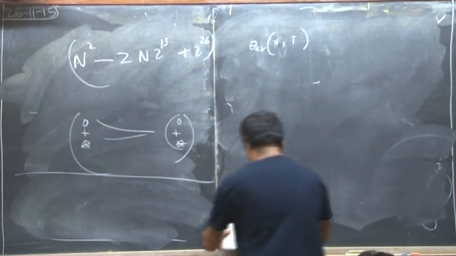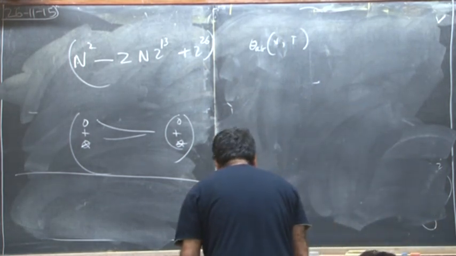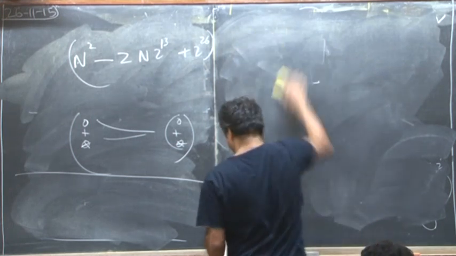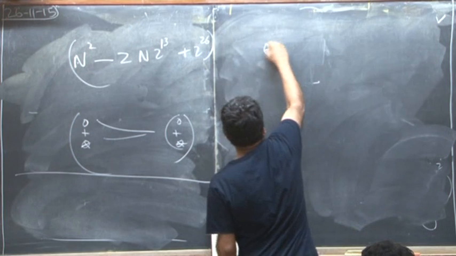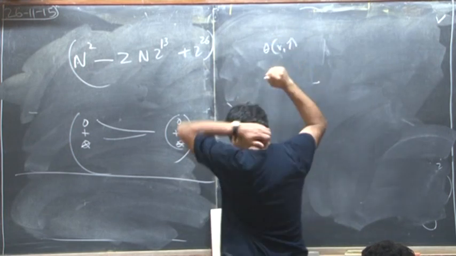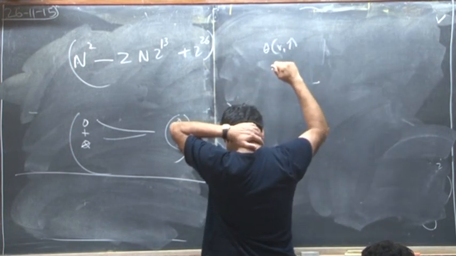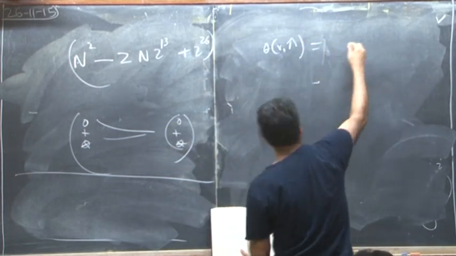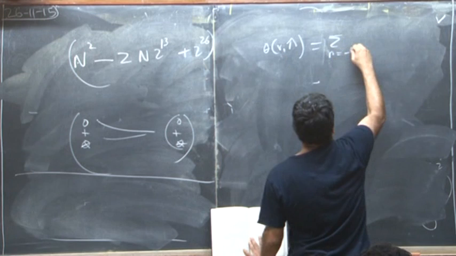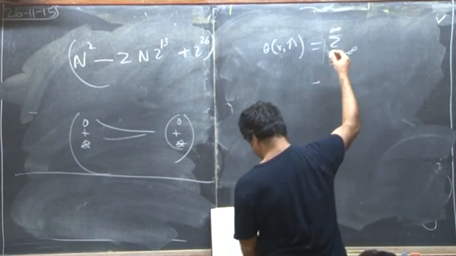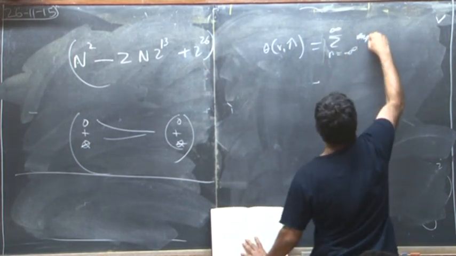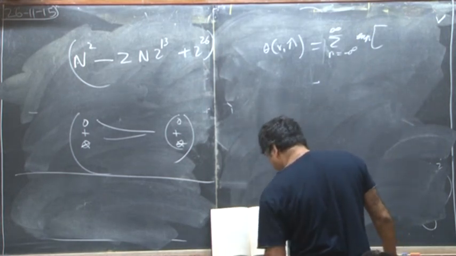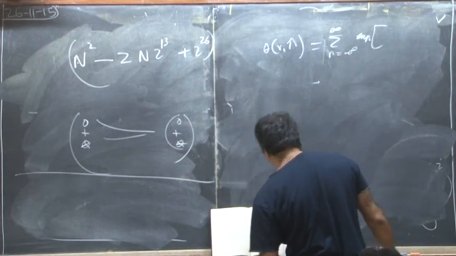Okay, let me write it down. First, actually, we don't need it. So let's say theta of nu and tau is defined as follows: the sum over n equal to minus infinity to infinity of exponential of i pi n squared tau plus 2 pi i n nu.